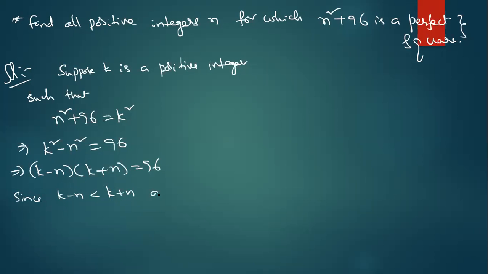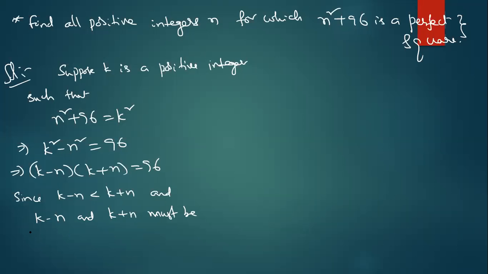But the right answer, 96, is an even number. And k minus n and k plus n, what must they be?